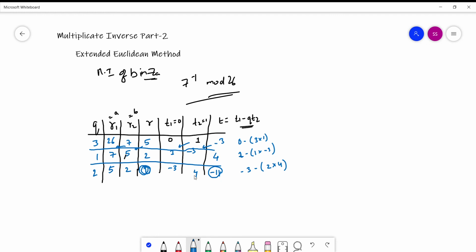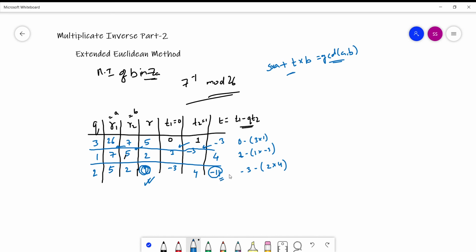From the previous video you might remember the equation S times A plus T times B is equal to GCD of A comma B. So we are getting the GCD here and this T here.